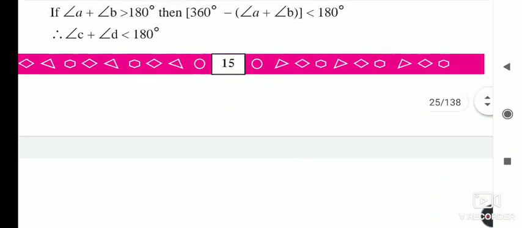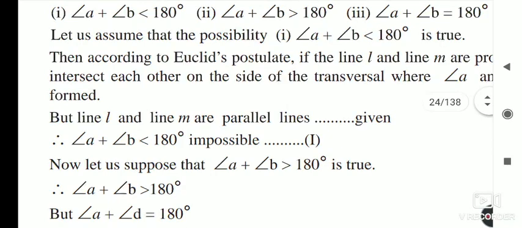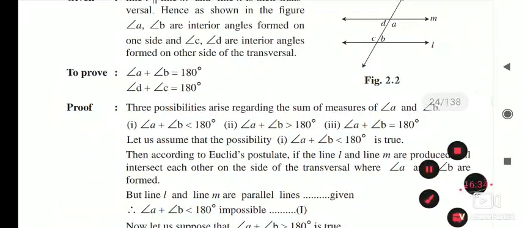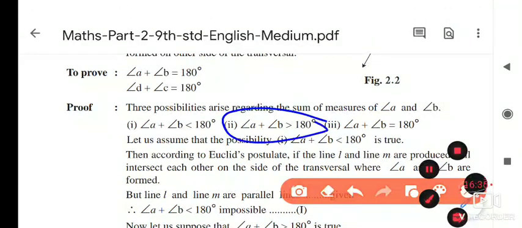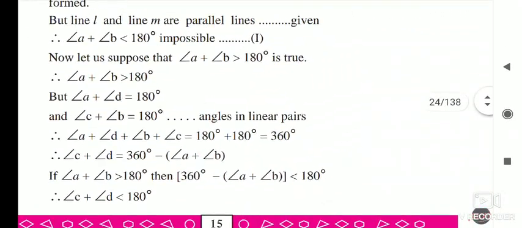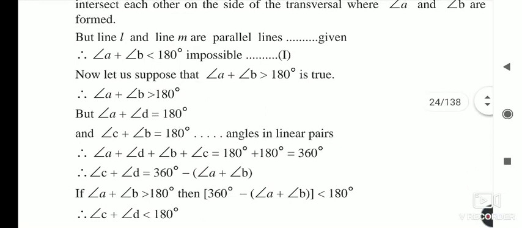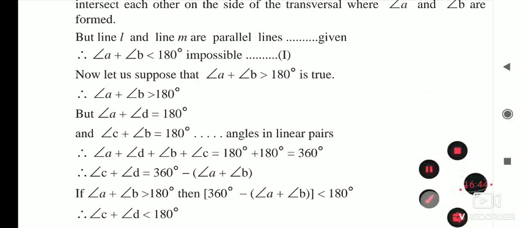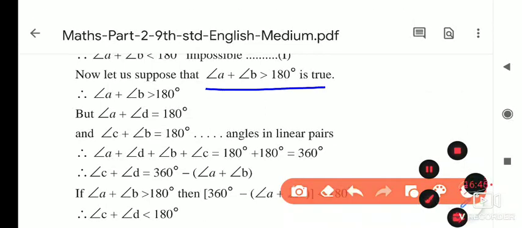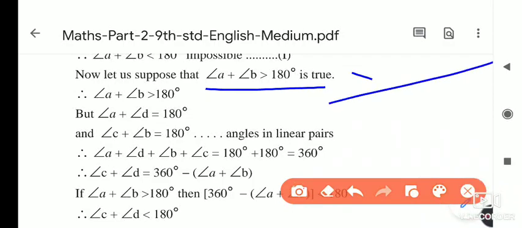Now we will see the second possibility. Which is the second possibility? A plus B is greater than 180 degrees. If we take this statement as true, then how will the lines be?